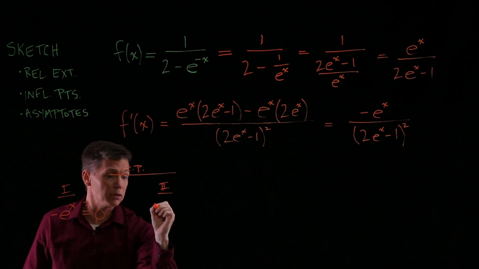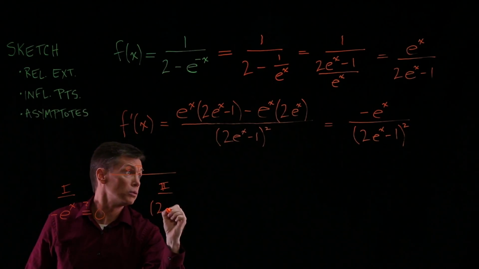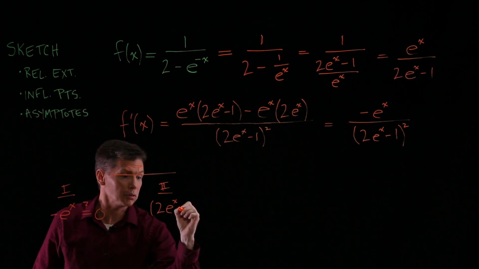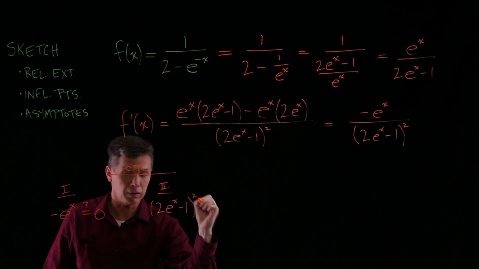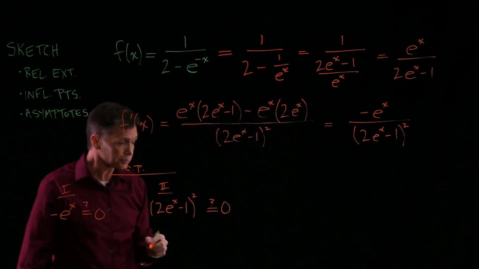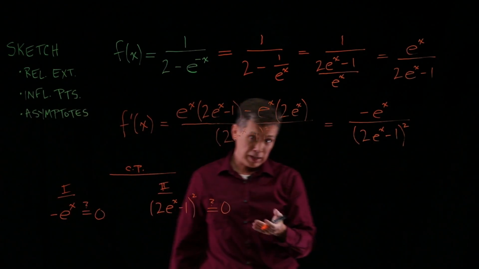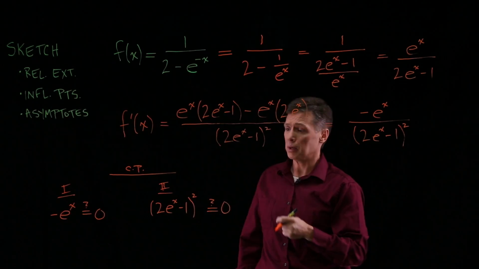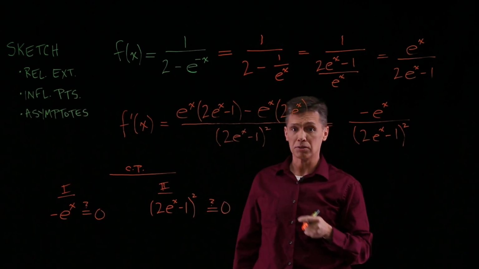So I'm just going to grab that denominator, 2e to the x minus 1, parentheses squared, and ask myself where that equals 0. Here's the algebra I mentioned you need to know with our exponential expressions: how to solve equations like this.